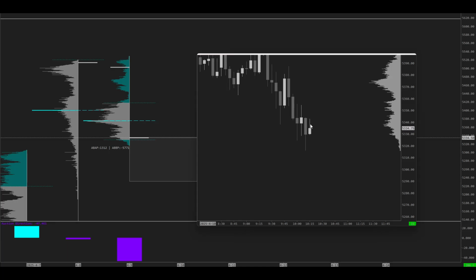That would be really good if they could reject this right here and close lower here. That's going to lead to some buyers exiting. Could trigger a liquidation.